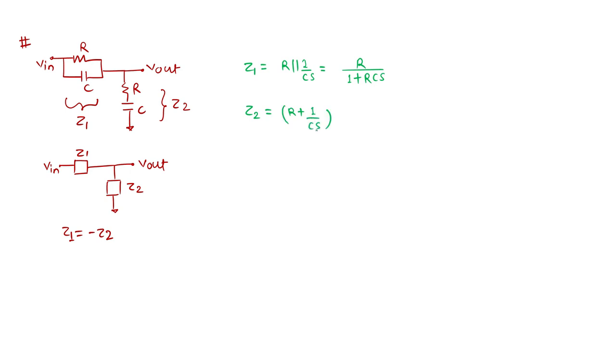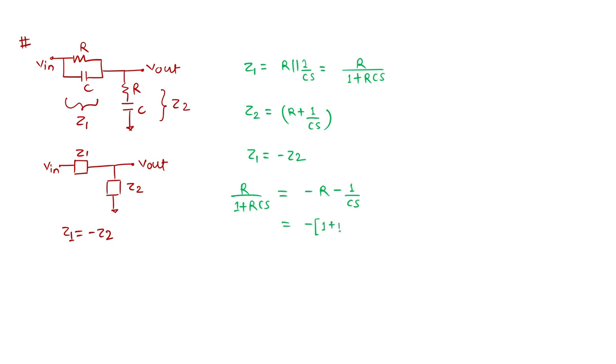My point is to make this equation hold. So this is nothing but R upon 1 plus RCS minus R minus 1 upon CS. Let me solve it a little bit more.